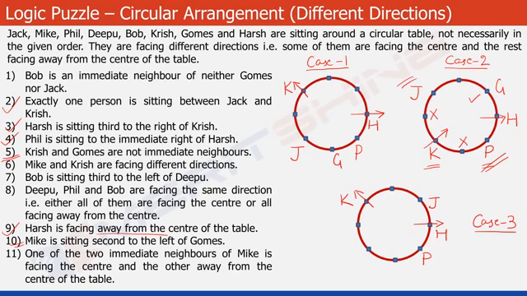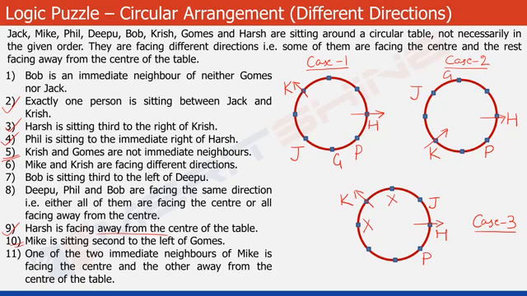It means that this is again not possible. So that basically means that the only possibility left for Gomes would be this cell. So let's write G here. Let's proceed to the third case now. The two cells that are ruled out for Gomes because of the position of Krish are these.